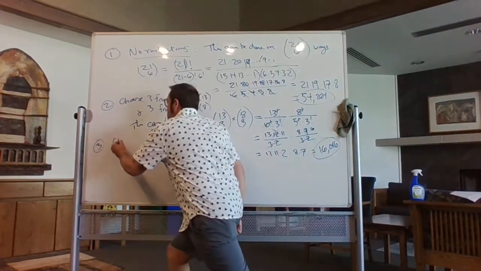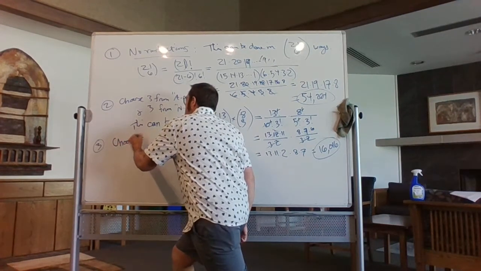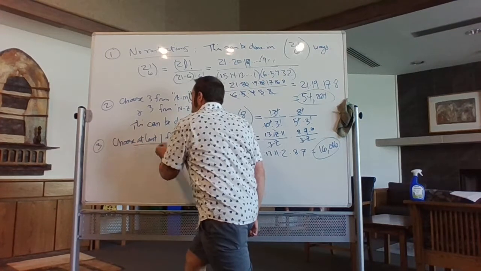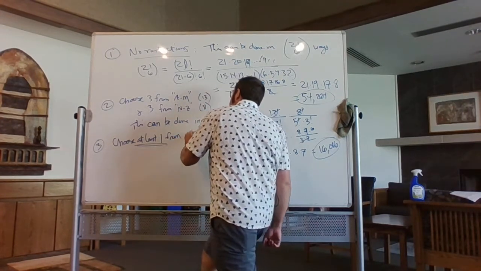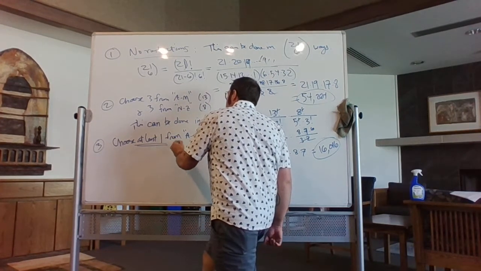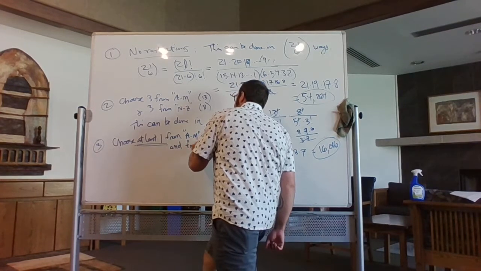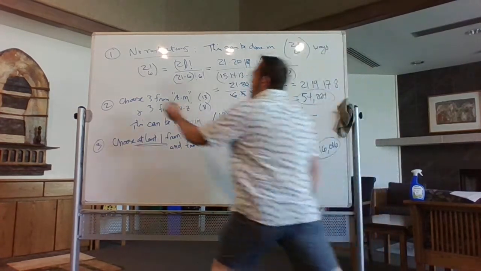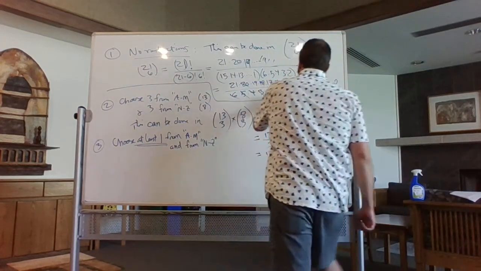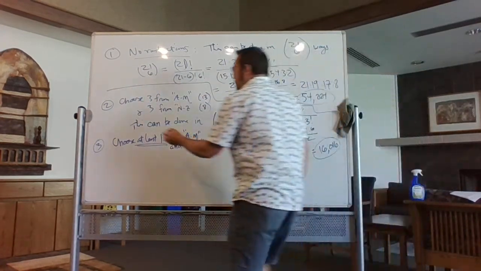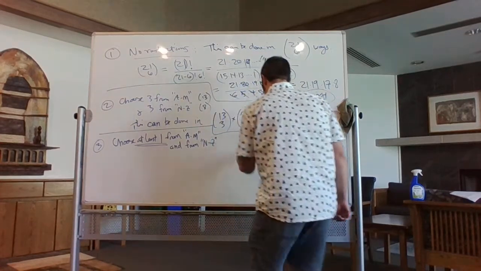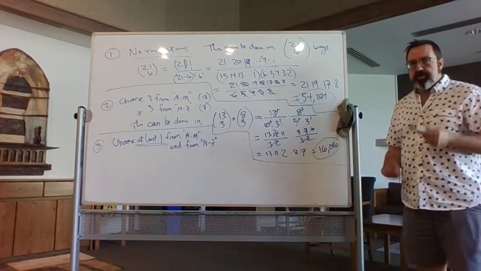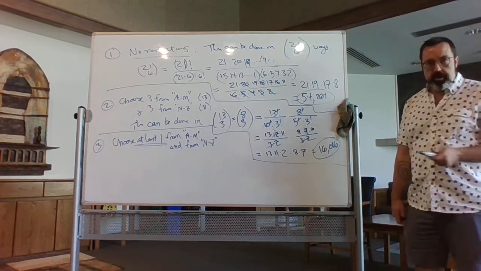So choose at least one from A to M and from N to Z. Let me make sure that we are clearly separating these now. So it's a little looser restriction, as I said. Pause the video if you haven't already and figure out how we're going to do this.